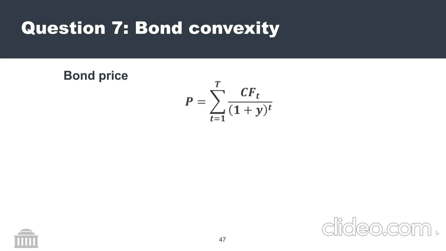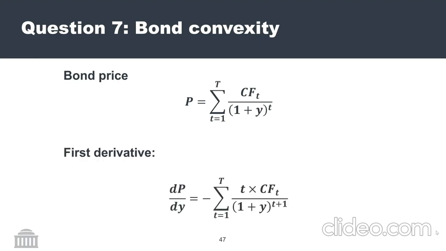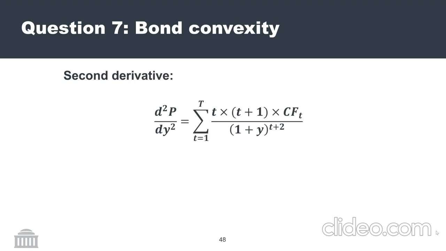This is just the present value of cash flows that we get from the bond discounted to present at its YTM. I will take the first derivative, which would be given by the following expression. Now I will take the second derivative, which would be given by this expression.